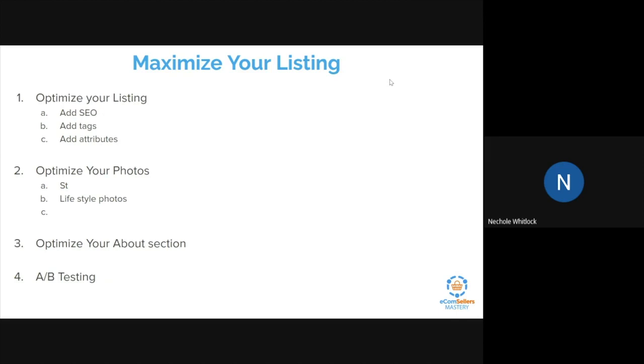So the attributes can be, of course, the color and the size, but there can be other things that make it come up as well. So pay attention to those other things, whether it be holiday related, whether it would be a secondary niche related.